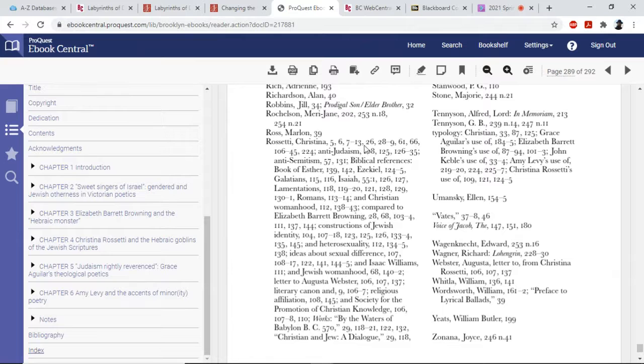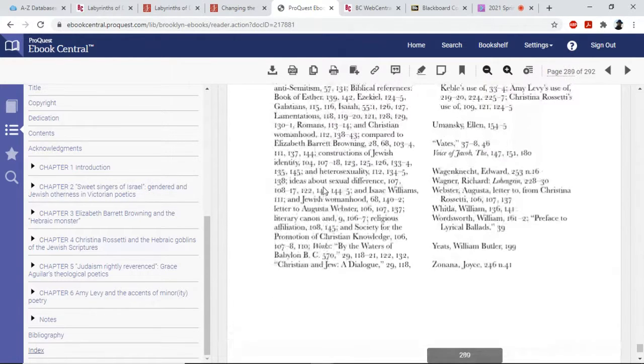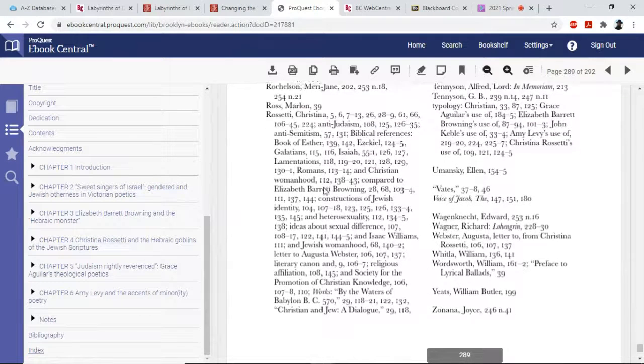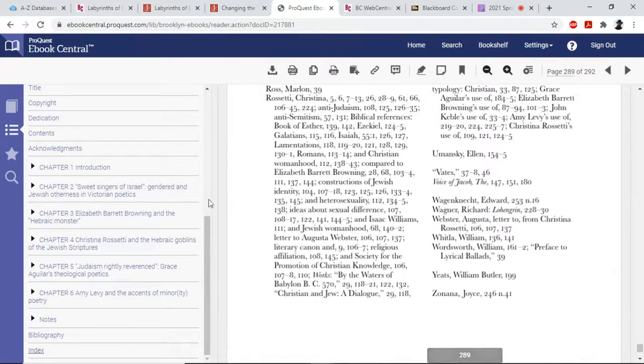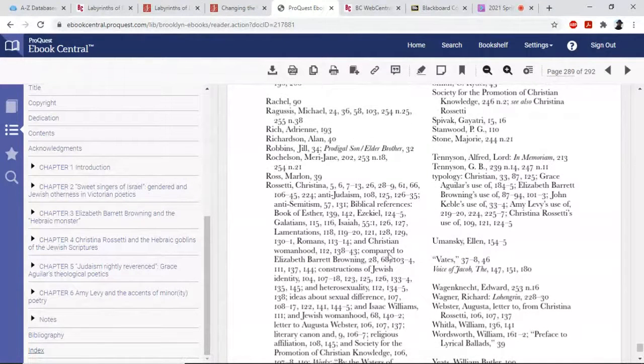So 7 through 13, that's probably the introduction. But then on page 28 and 29, she's mentioned, 61, 66, right? So there are references to her sprinkled throughout. Don't limit yourself only to the chapter that's about her in a book like this. Go and find the other mentions too.